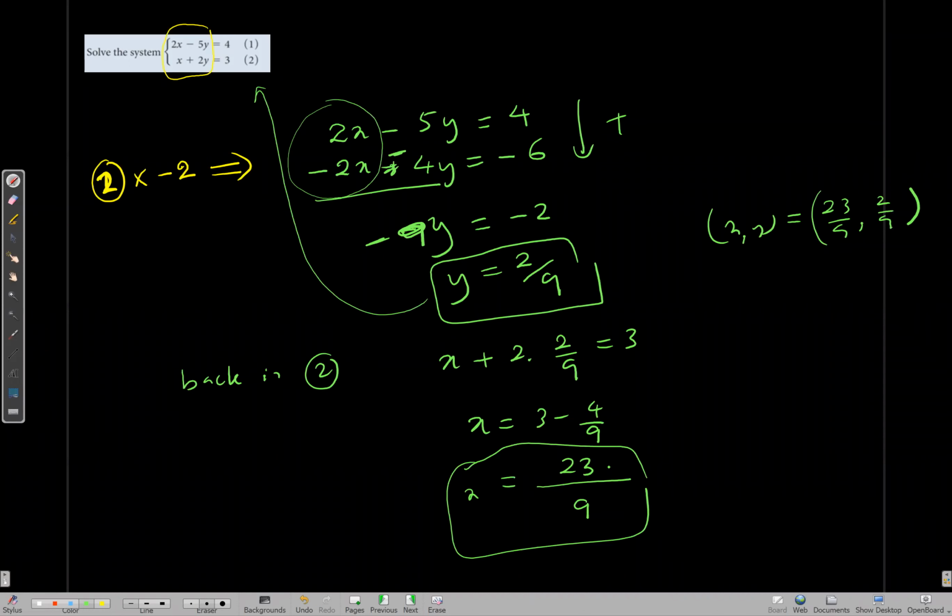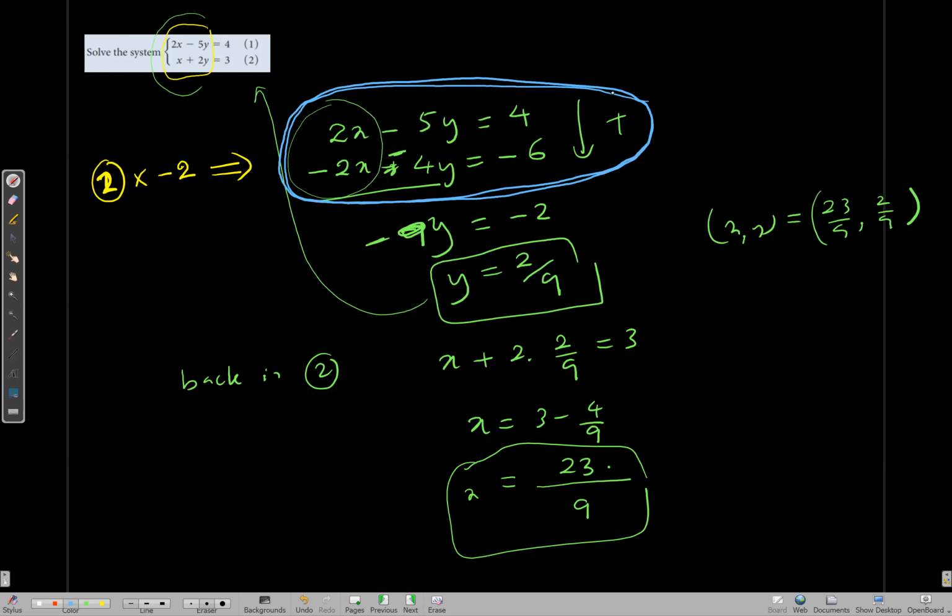Now the real thing to learn here is looking at these numbers and how to get rid of one variable in one shot. Now, let me explain another thing. This part, if you are a beginner, I recommend you just rewrite the equation after multiplying. But once you get the hang of it, let me show you, you can skip that.